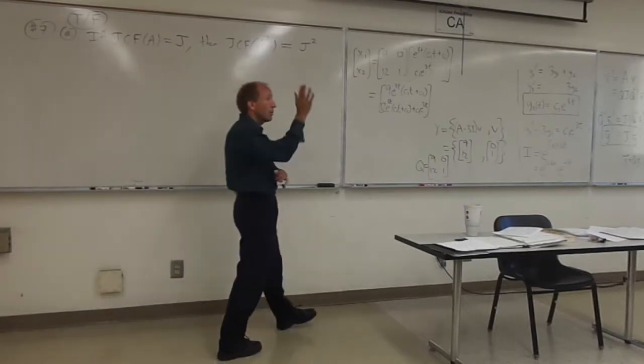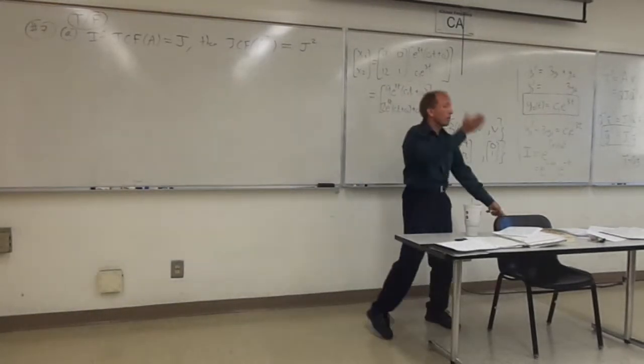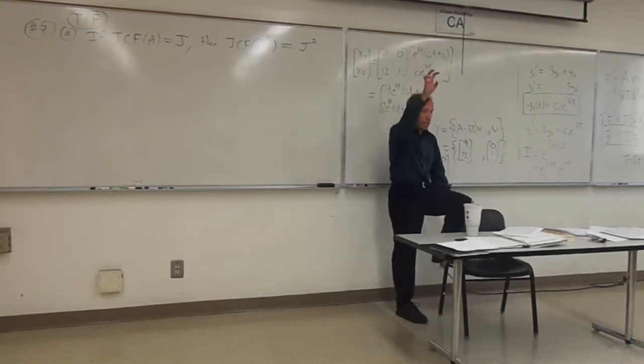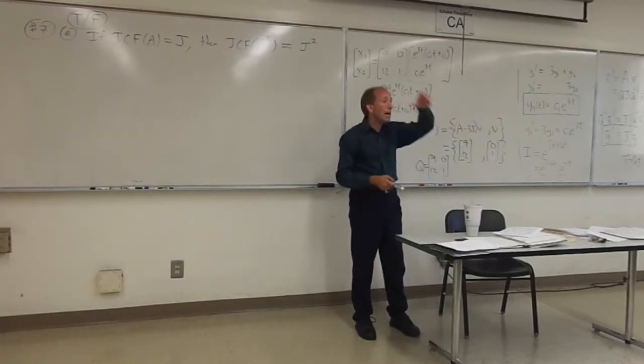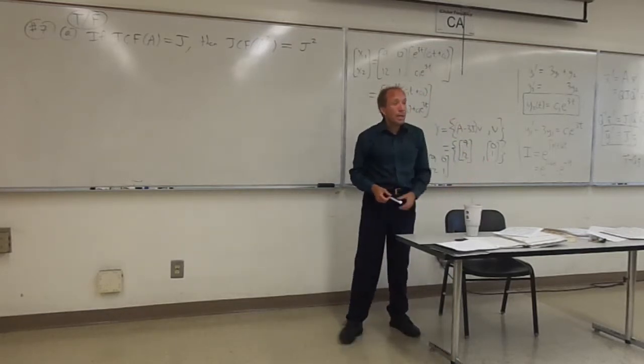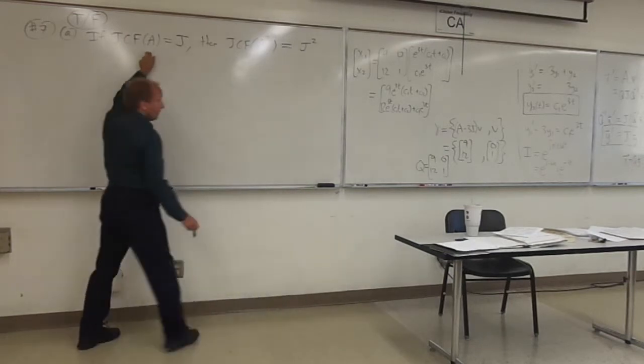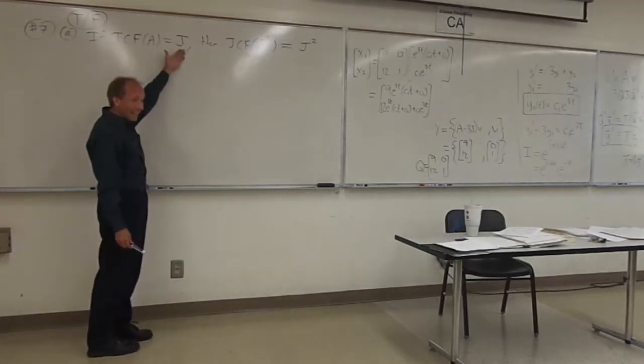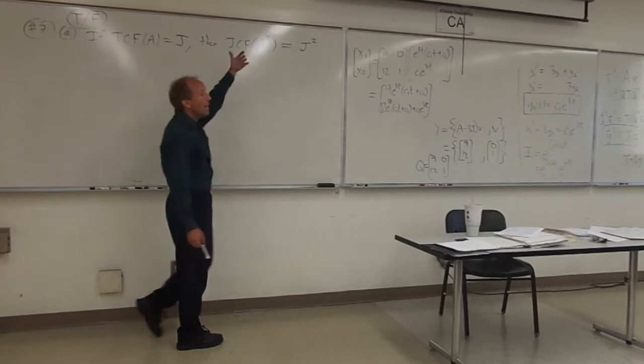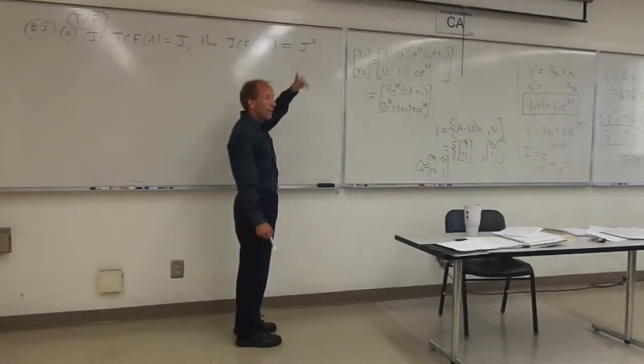Well, if the Jordan canonical form of our matrix happens to just be a diagonal matrix, then when I square that, I just square the diagonal, right? And basically that would be true then, right? Because what are those diagonal entries? Those are just the eigenvalues. So if you take the eigenvalues of A and you put them on the diagonal to get J, then the eigenvalues of A squared, aren't those just all of the lambdas squared?